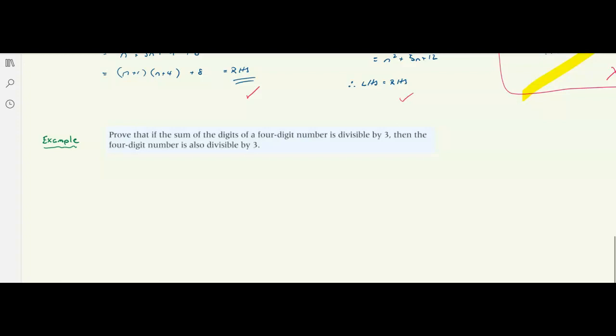So a little bit like the odds and evens, we need a way of representing a number so that we can break the digits down. We can do it in a few ways, but I'm going to show you one way.